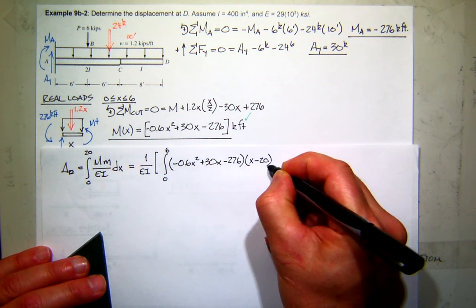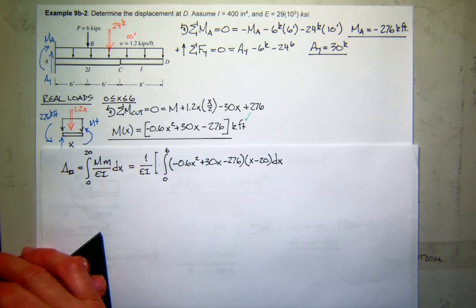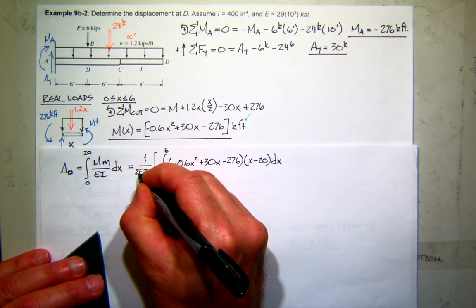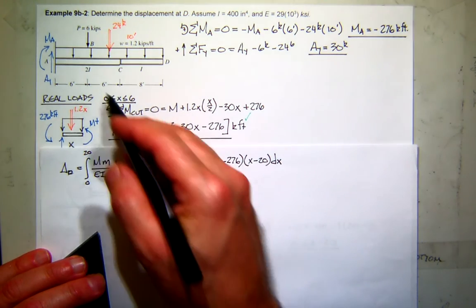Would you divide all that by 2? Why would I divide it all by 2? Oh, I forgot. The I is 2I, so I need to make this 2I.